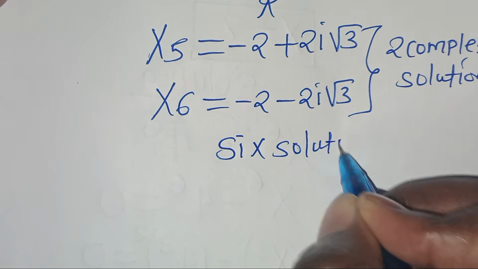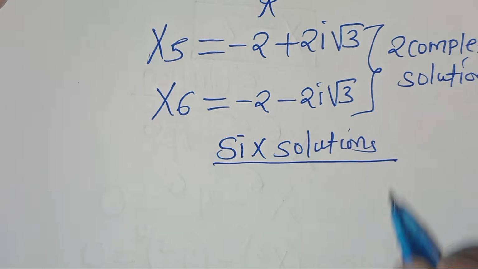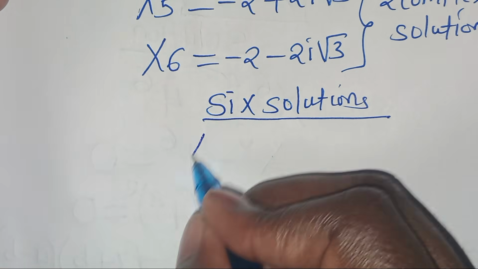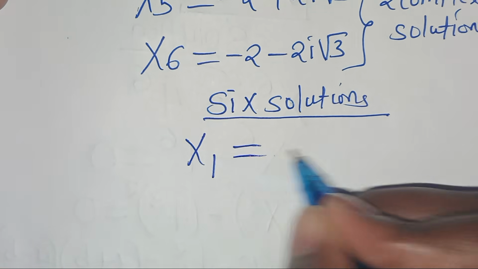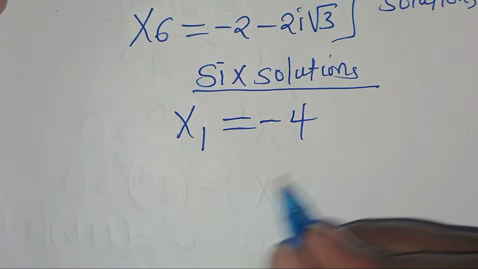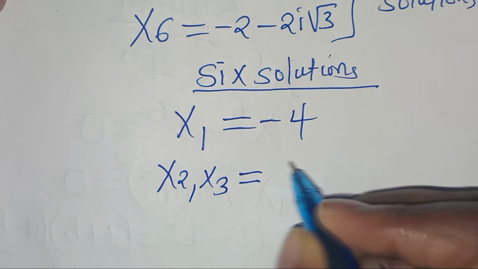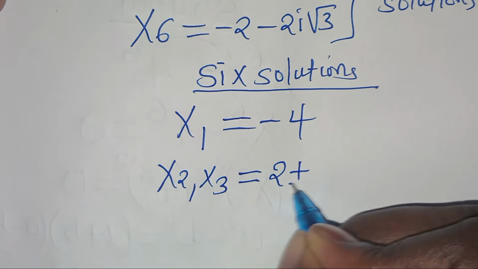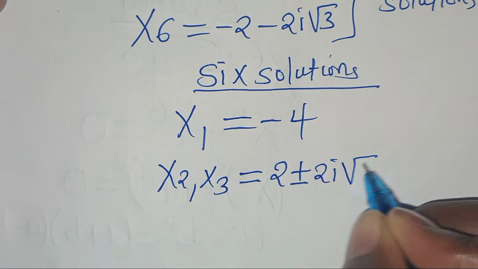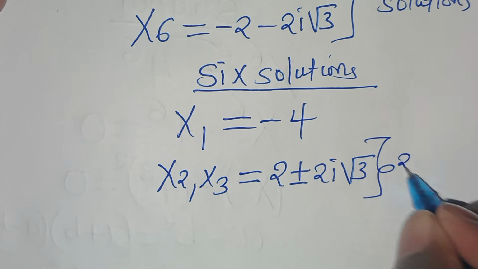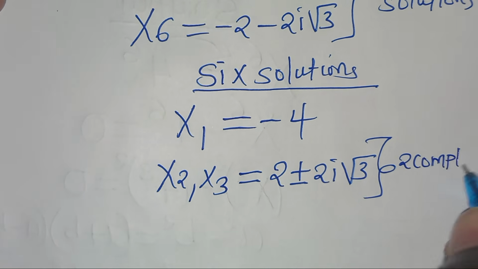We have 6 solutions. That is, we have x1 equal to negative 4, x2, x3 equal to 2 plus or minus 2i square root of 3. These are two complex solutions.